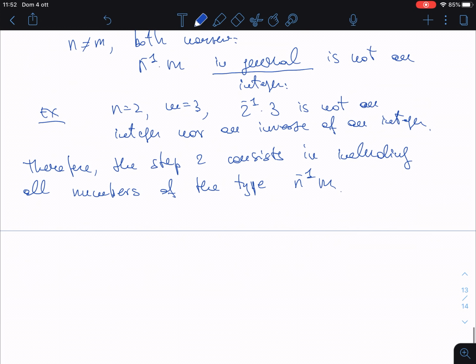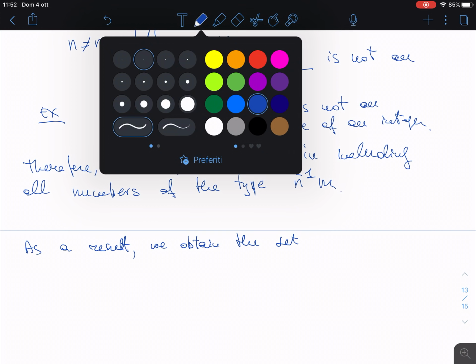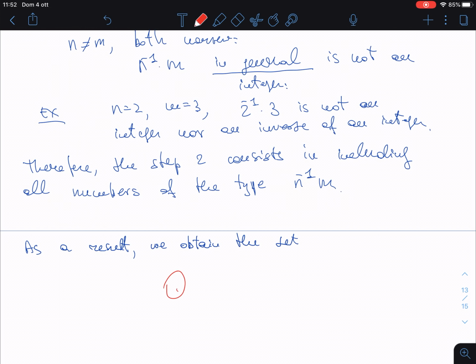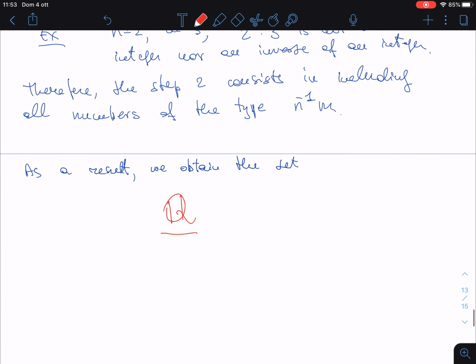As a result, we obtain the set named by Q, which is the set of rationals.